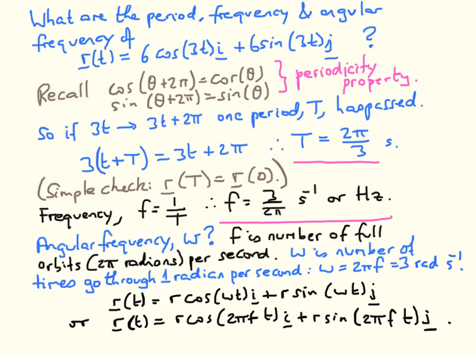The 3t's, little t's, will cancel here and here. You see they're the same, so we can cancel those. What we are left with is that 3 times the period is 2 pi, and dividing both sides by 3, we see the period is 2 pi over 3 seconds.